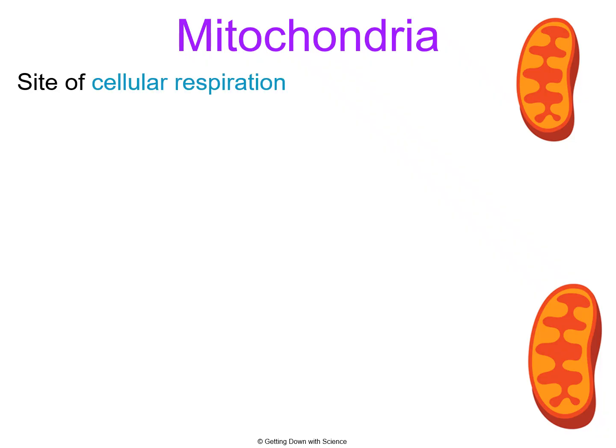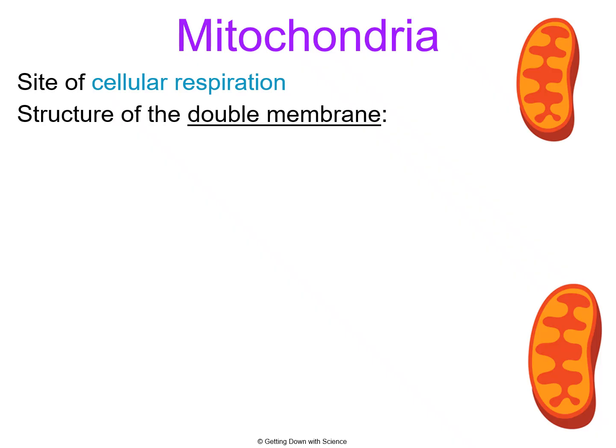All right, so let's talk about the mitochondria. The mitochondria is where cellular respiration occurs, so that is where energy is generated for the cell. We're going to get back to the function in a little bit, but let's go to this description. The mitochondria is a double membrane organelle. That's true, however, that's not unique to the mitochondria.